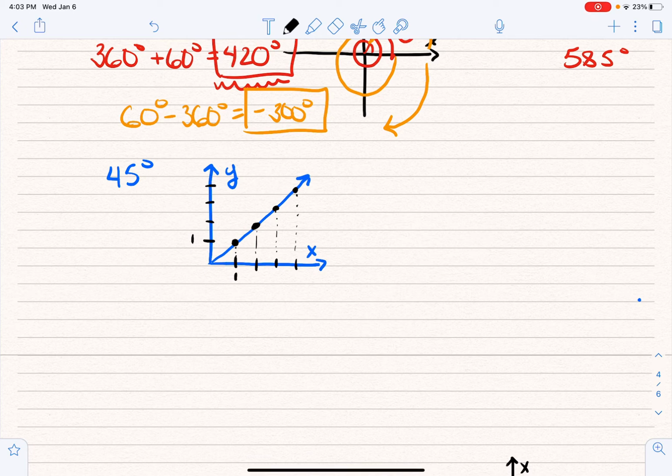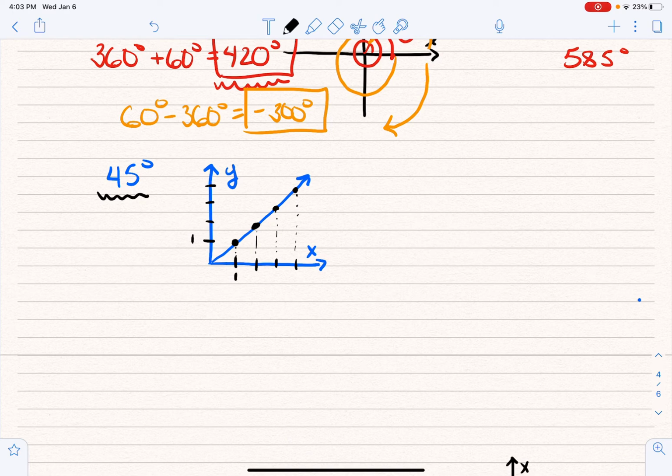For a 45-degree angle set up in standard position, it's always going to pass through these points that have the same coordinate. So if someone said, give me a point that this angle passes through, it passes through the point 1, 1, 2, 2, 3, 3, 4, 4, and so on.